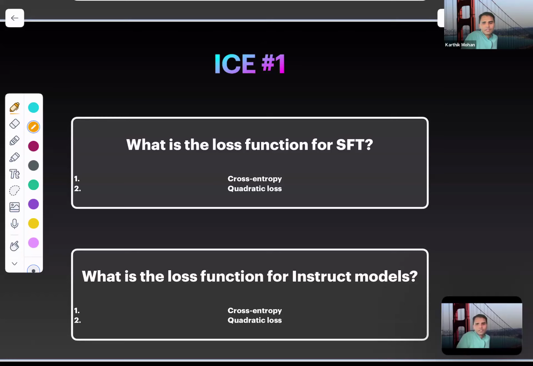However, the number of classes is huge compared to some of the tasks in supervised fine-tuning. So that's the difference. The answer for the second is still cross entropy, because you are looking at it as a multi-class classification problem and checking whether the token was predicted right or wrong.